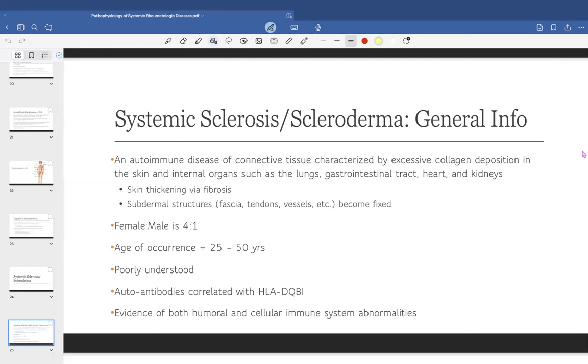I went to school, my undergrad, there was a young woman in my undergrad class who had scleroderma. She was always covered in all these emollients that had the funkiest smell all the time.